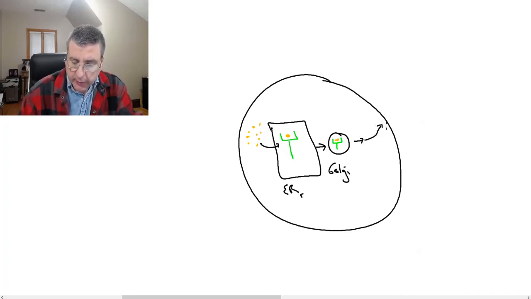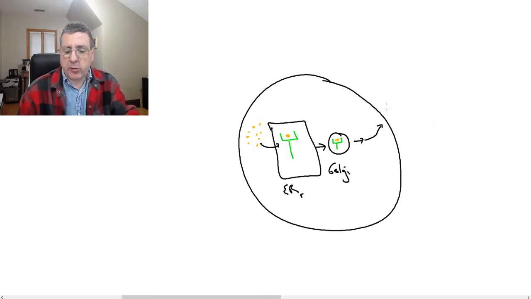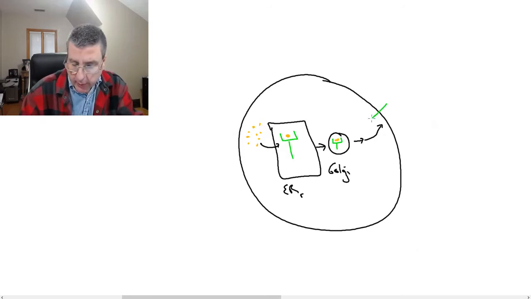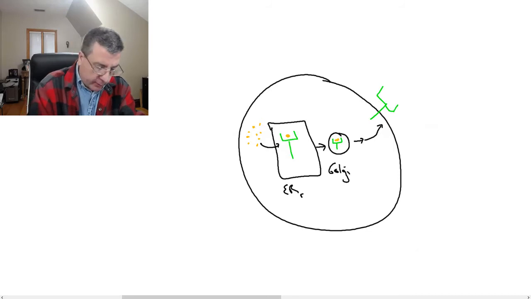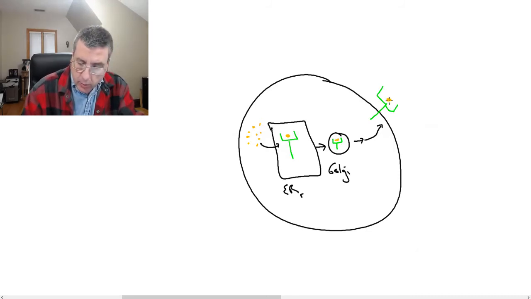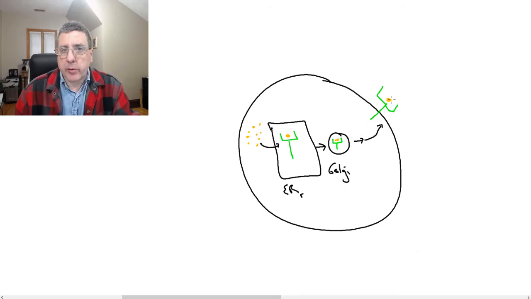So we're going to send it out here, and actually, this membrane, it's a vesicle, when this vesicle merges with or fuses with the plasma membrane, it just becomes part of it, and then we're going to have a platform that looks like this with something presenting on its surface, okay?